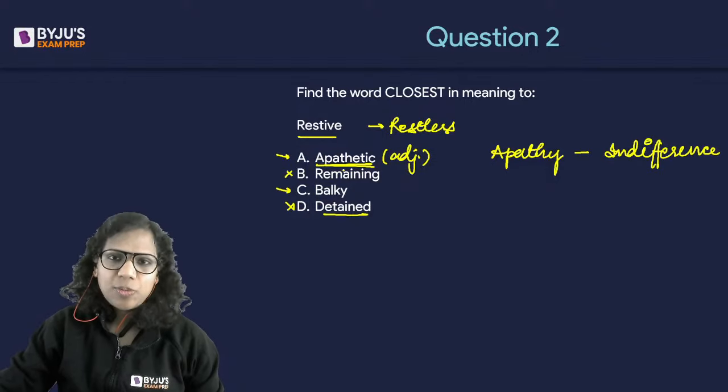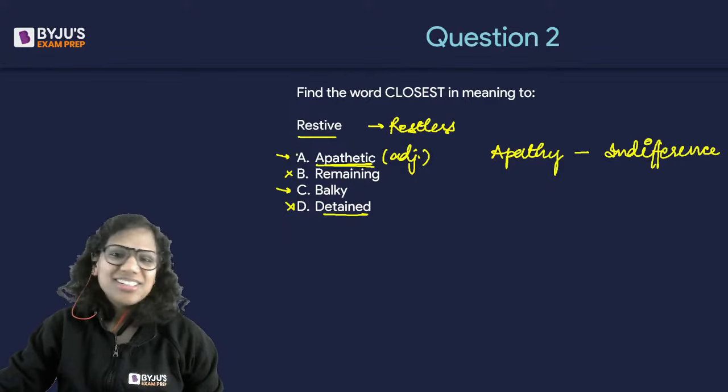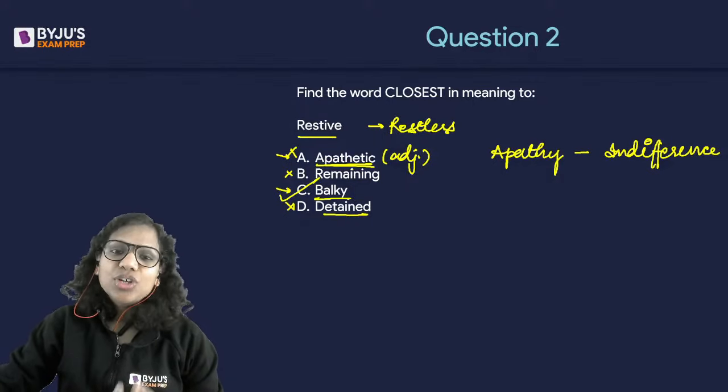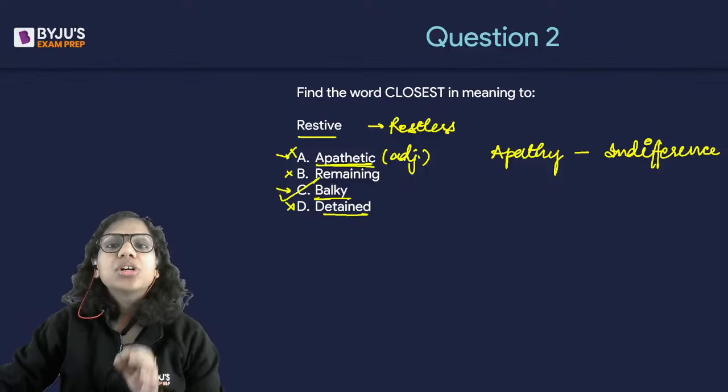You do not care about it, right? So apathetic is indifferent. Again, restless does not match with it at all. Eliminated. So the answer is bocky. Bocky also means somebody who is restive, somebody who is restless, right?